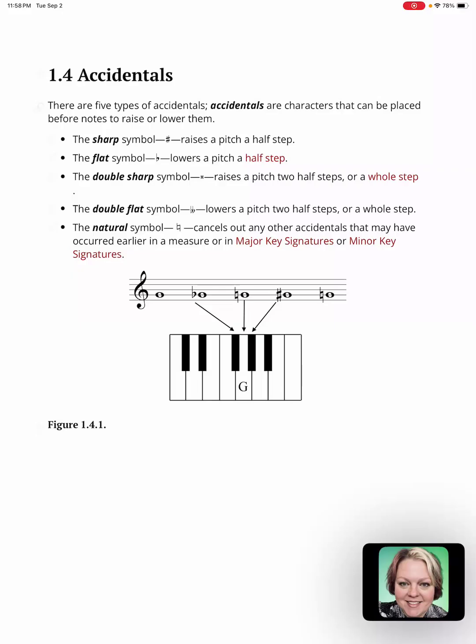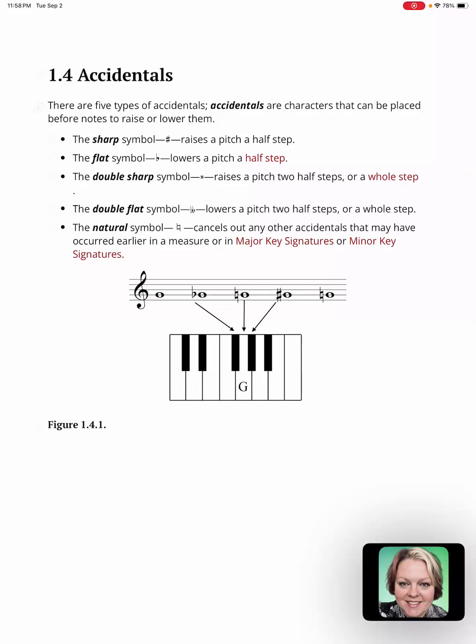The printers will not put a sharp sign in front of each C. They'll just put it in front of the first one, and then if you encounter any C's again for the rest of that measure, they're still C sharps.